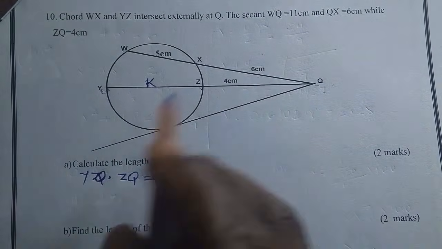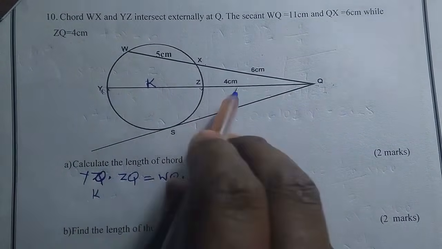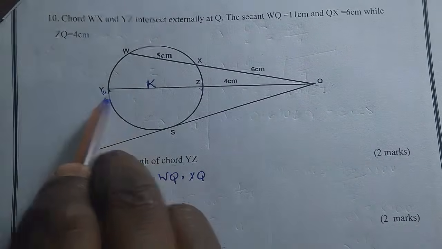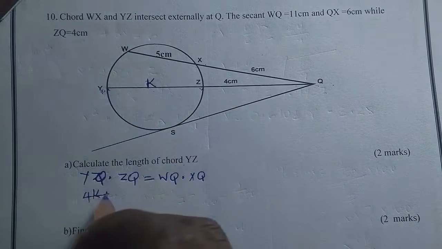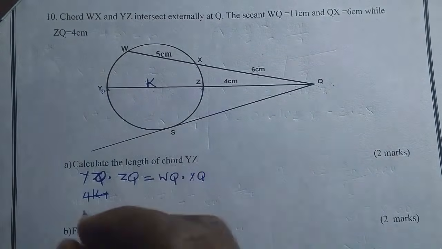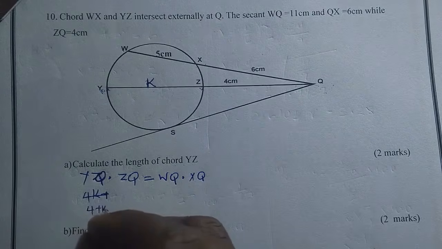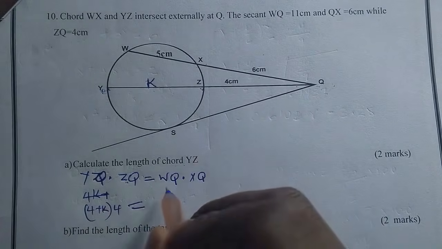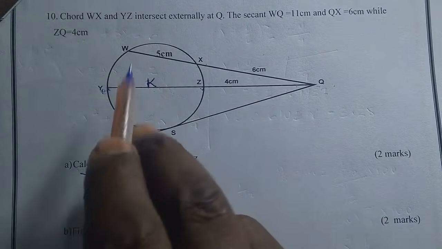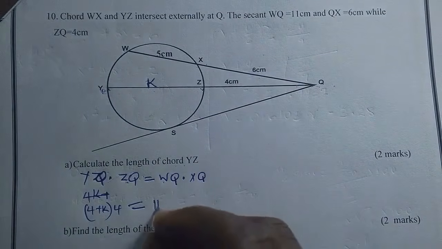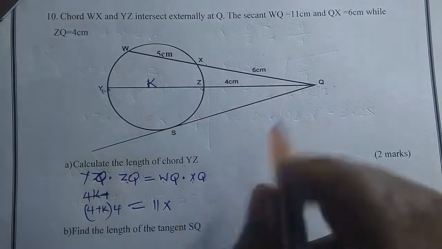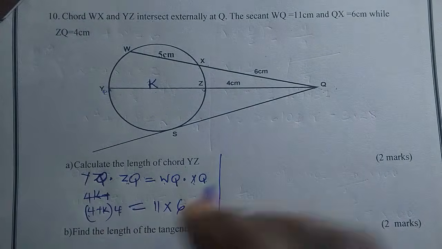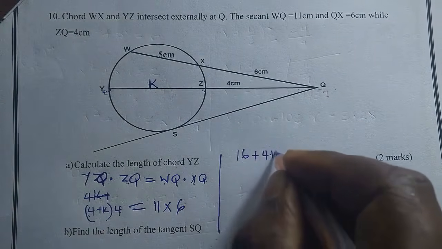It is K plus 4. From here up to here is 4 plus K, then multiply with ZQ, which is 4, is equal to WQ, which is 11, times XQ, which is 6. This times this, that is 16 plus 4K equal to 66.